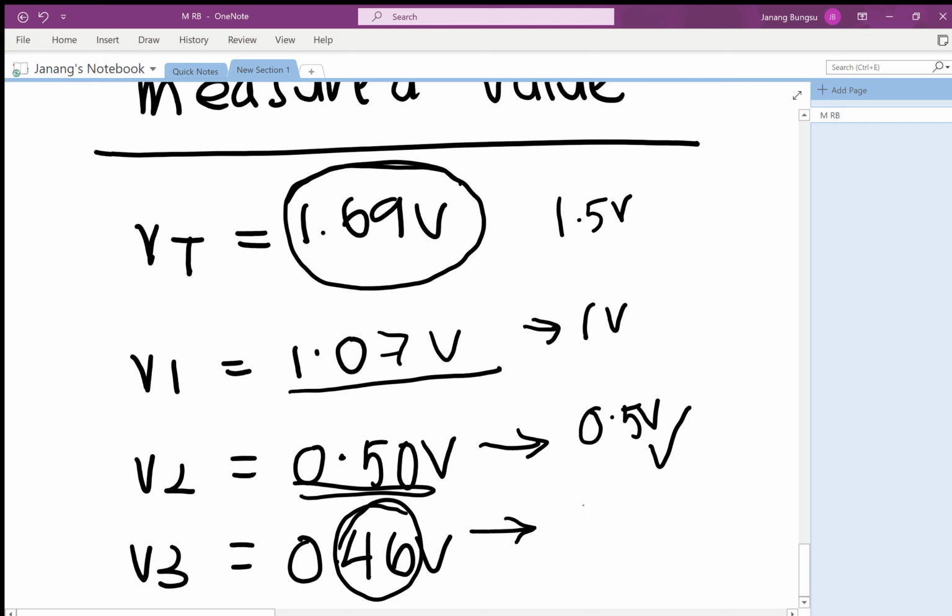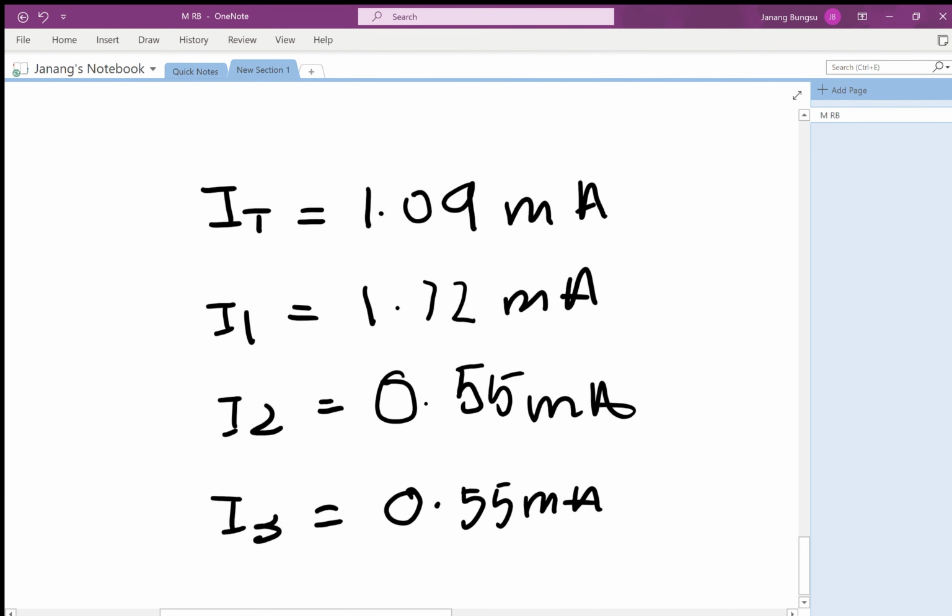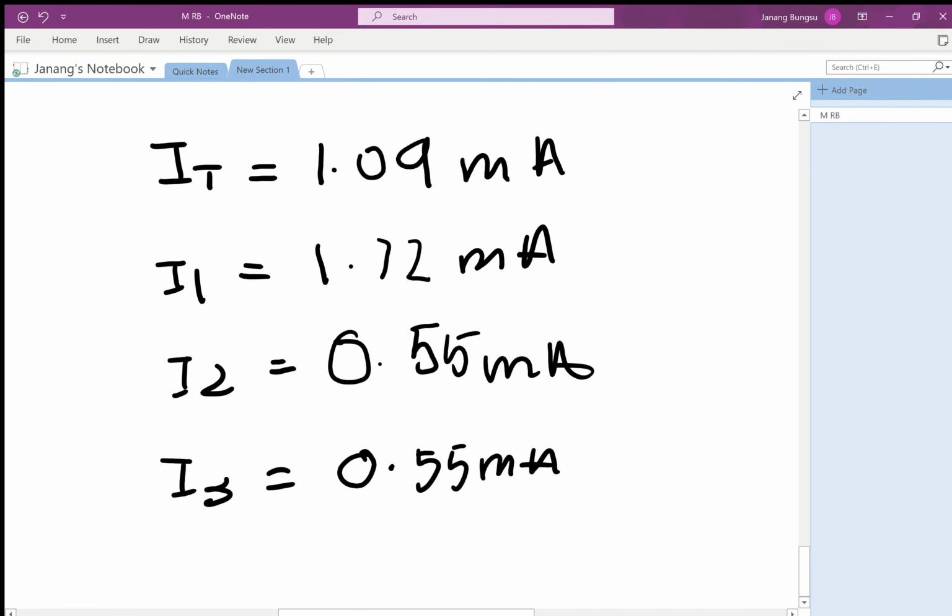Even though there are slight differences, the measured values are very close to the theoretical values, and these values also prove the theory right, which is that in series the current values are the same, and in parallel the voltage values are the same.